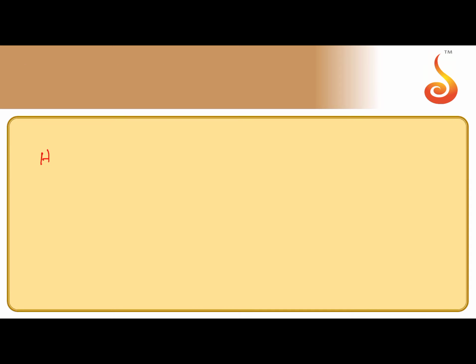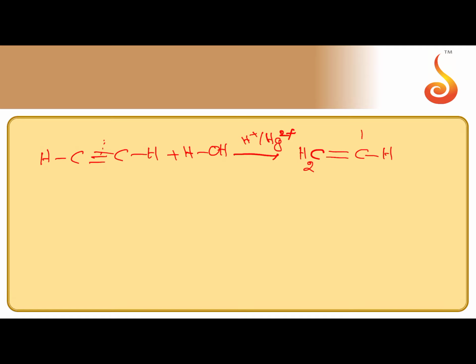First, acetylene undergoes hydration in the presence of acidified mercuric ions. It follows Markovnikov rule. Of course, here no need to apply Markovnikov rule. We can get the enol form. Enol form is unstable, we know.